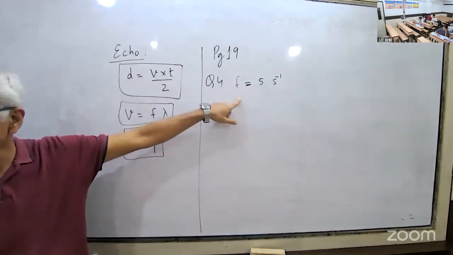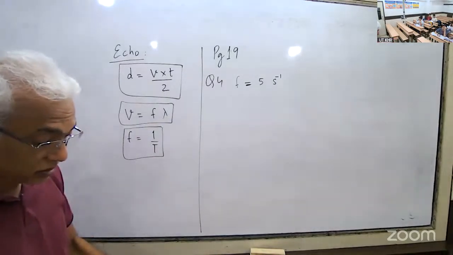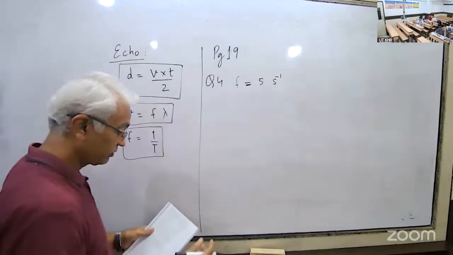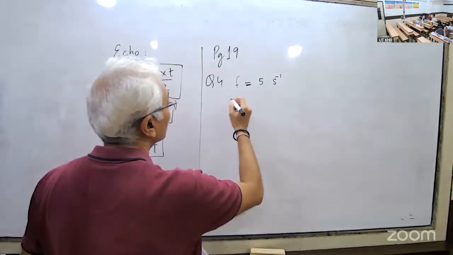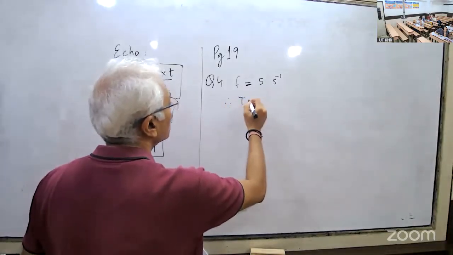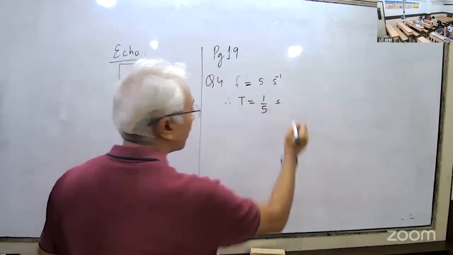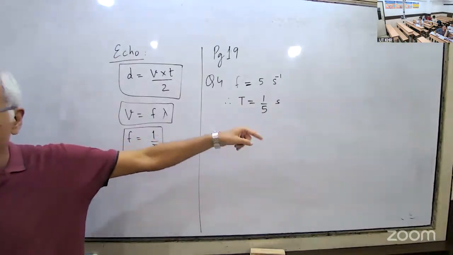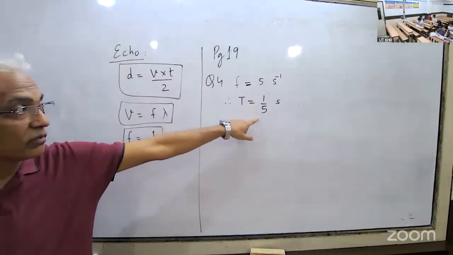Is that clear? And what else is given? He hears the echo from the cliff after 8 vibrations. So what is the time per vibration? Therefore, T is equal to 1 by 5 seconds. One vibration corresponds to 1 by 5 seconds, right?